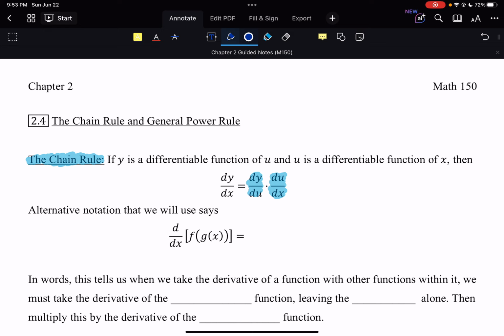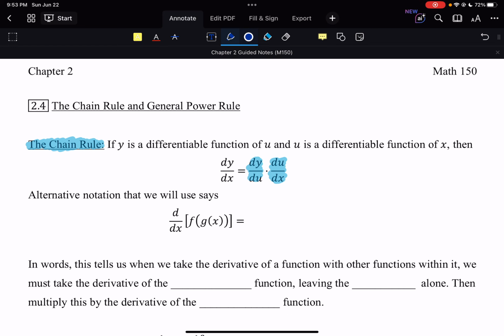Now, the way that we interpret this, if u is inside of y and x is inside of u, we think of this in terms of inner and outer functions. So the alternative notation that we will use is going to be this one. The derivative of f of g of x, that's going to be f prime of g of x times g prime of x.